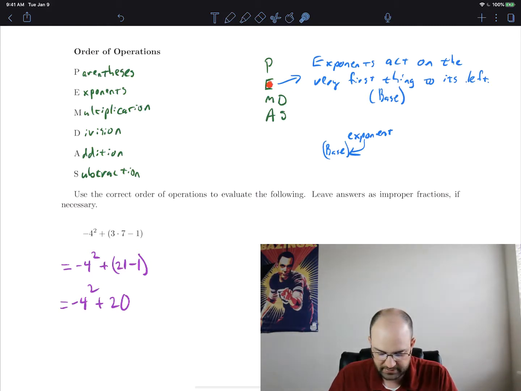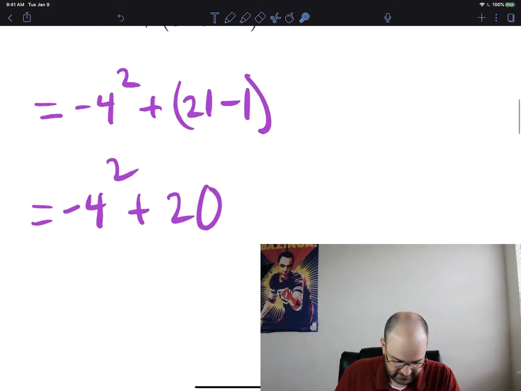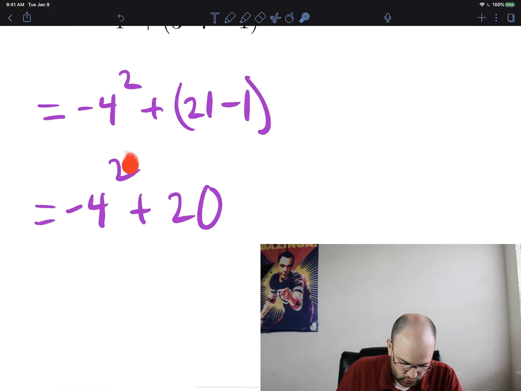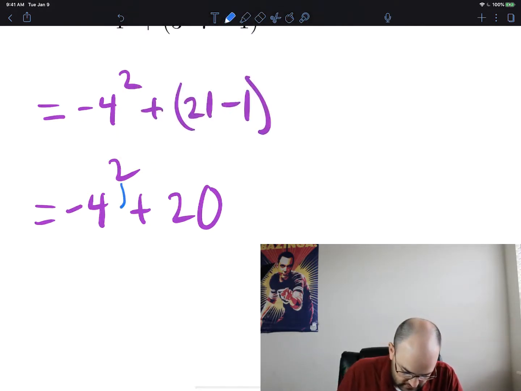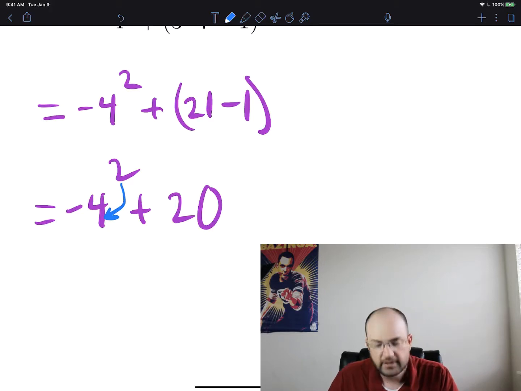So are there any exponents? Yes, there's an exponent here. But this is where it's very important that we understand that the exponents act only on the very first thing to its left. So looking at this 2, the very first thing to its left is the 4. That means that it's just 4 squared that we're going to do here.